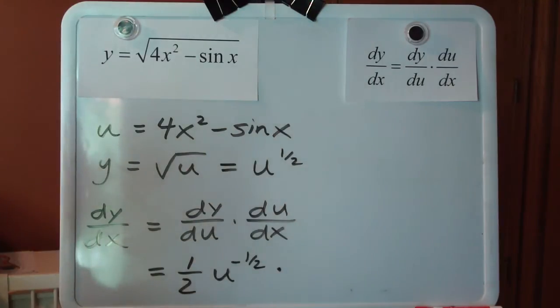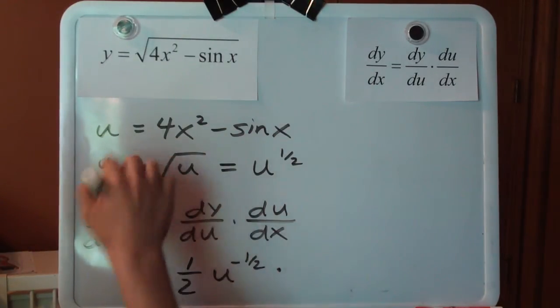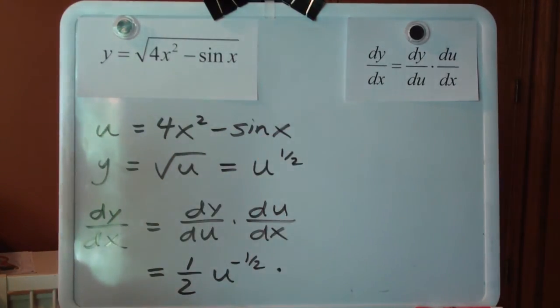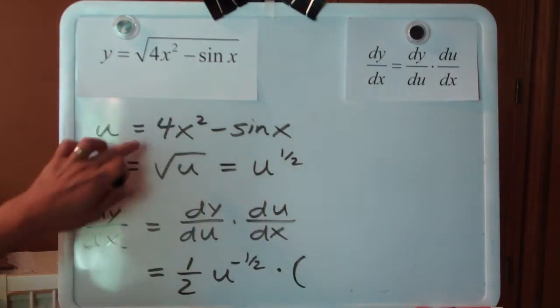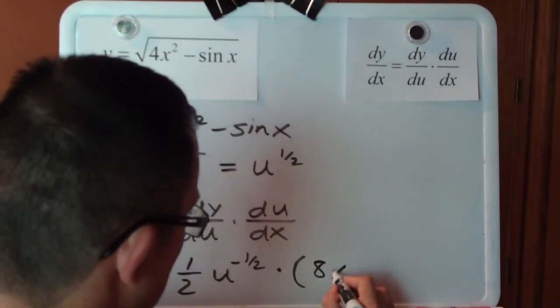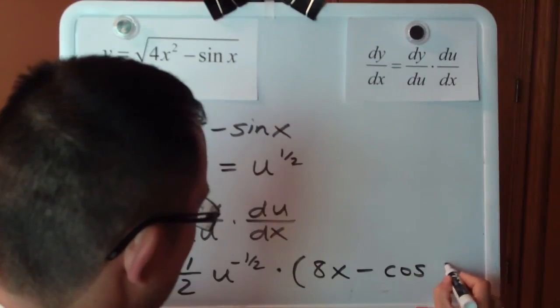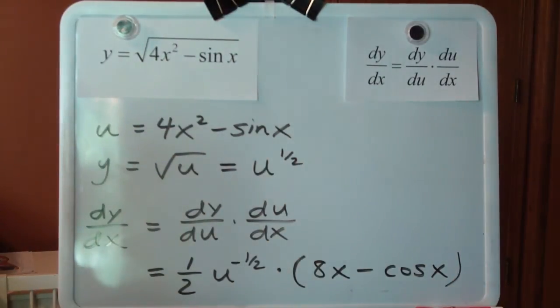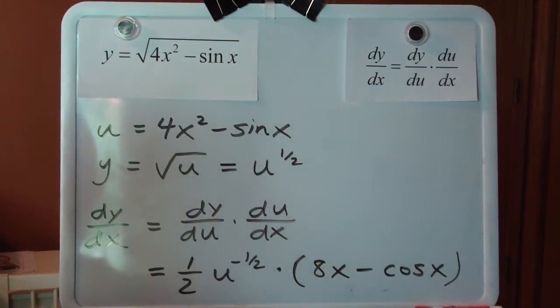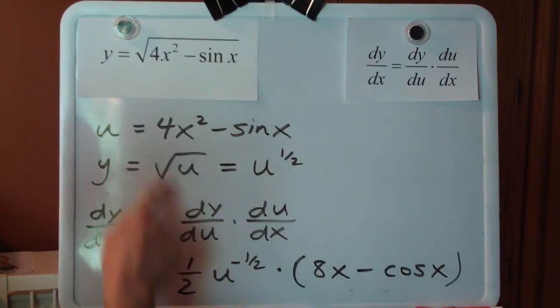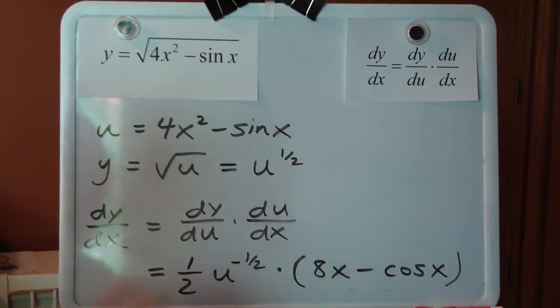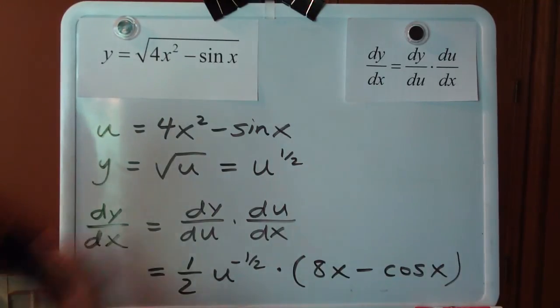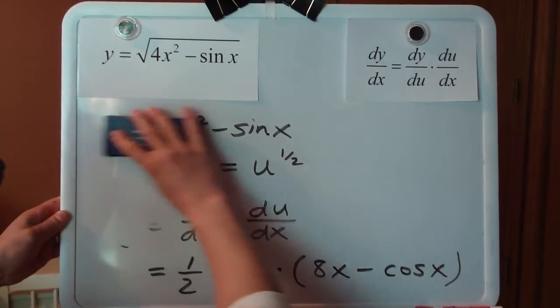And that's just the power rule. And then du dx, we would differentiate this top function here. So parentheses are important here. So this would be 8x minus cosine of x. And so at this point, the calculus work is pretty much done. We're going to take this top function and put it back in place here, and then just rewrite the problem. So I'll get rid of this.